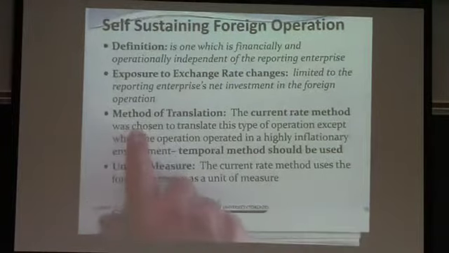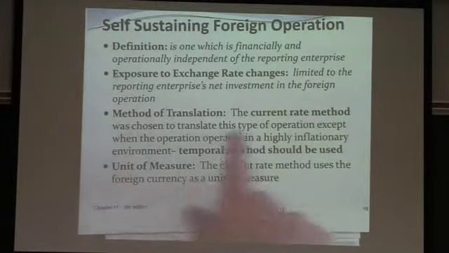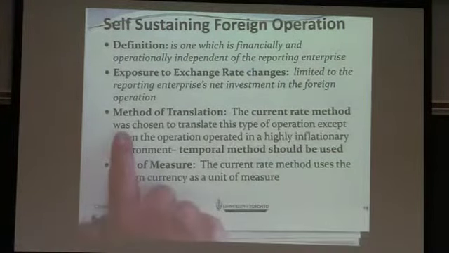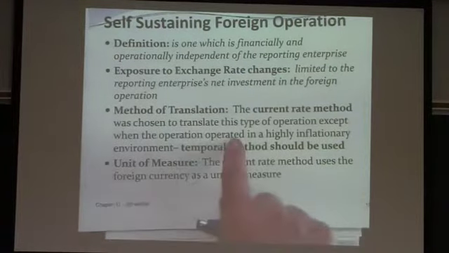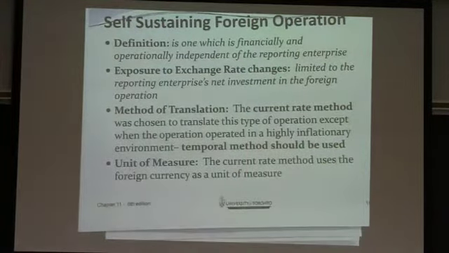So the method of translation of that type of entity is called the current rate method. And we're going to use that method of choice except if the subsidiary happens to be operating in a highly inflationary environment, then we are forced to use the temporal method of choice.